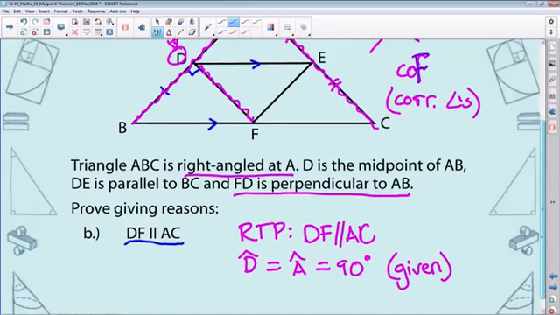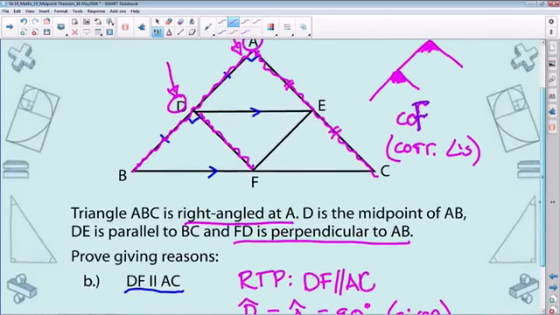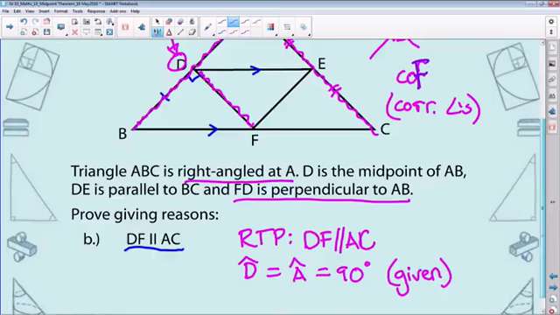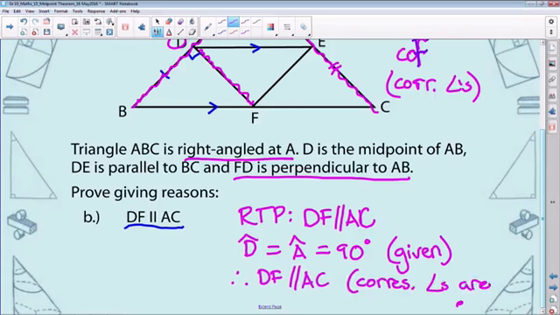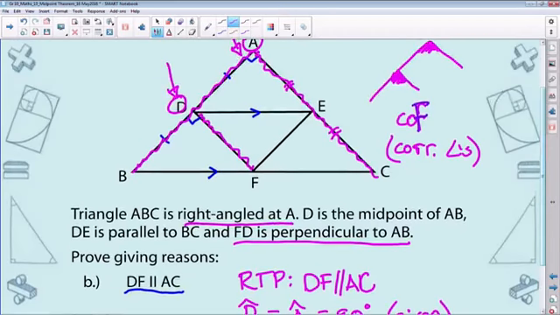Okay, so that means that the two lines are parallel. I don't have to prove anything else. I just have to say, therefore, DF is parallel to AC. Why? Because our corresponding angles are equal. Corresponding angles are equal. And that automatically means that the lines are parallel, because corresponding angles can only be equal if the lines are parallel.